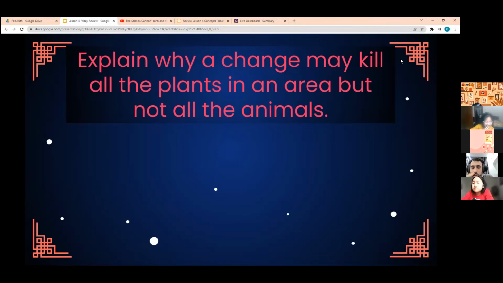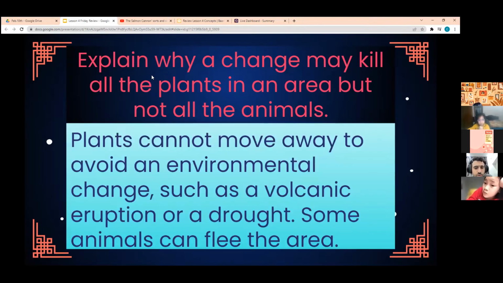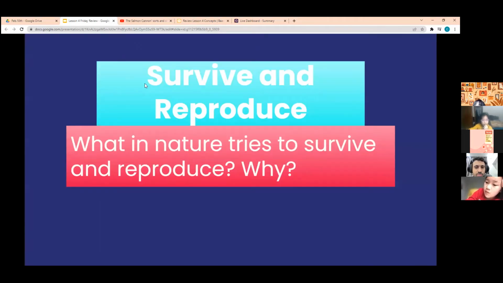When the animals know, they die. Exactly, Sarah. Even if the animals can run away if they know about it, if the plants know about it, they cannot run away. Exactly. Okay, plants cannot move away to avoid the environmental change, such as a volcanic eruption or a drought. Some animals can flee the area, so some animals are able to move.